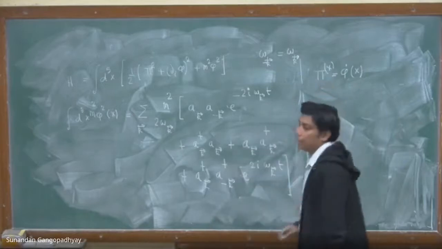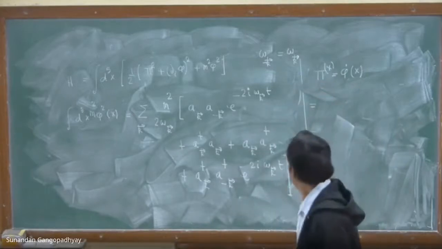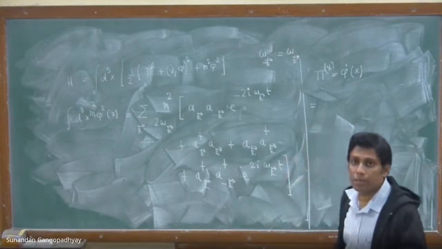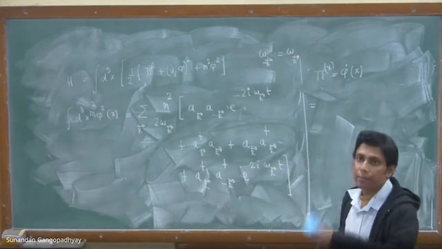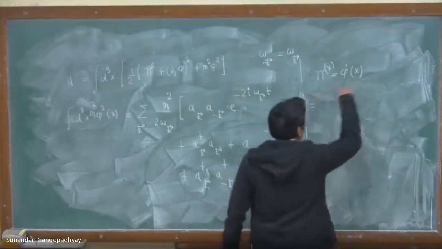you also have a Fourier mode expansion or normal mode expansion for pi of x. Because you know the mode expansion for phi of x, just take a time derivative of that and you will get the mode expansion for pi of x. What is phi of x?